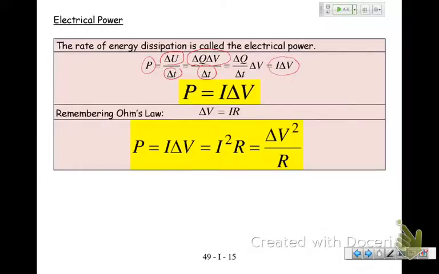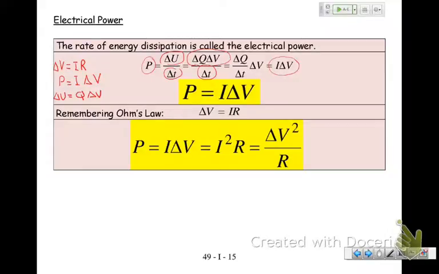So I say, oh, P is equal to IV. Let's be careful here. Delta V is equal to IR. That's Ohm's law. And P is equal to I delta V. And then we just had that delta U is equal to q delta V.